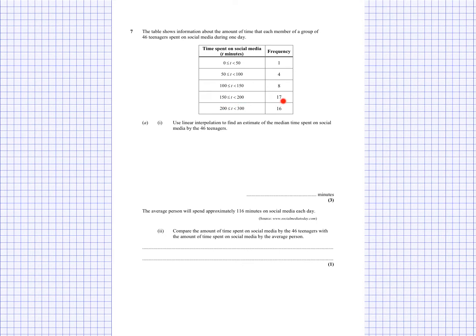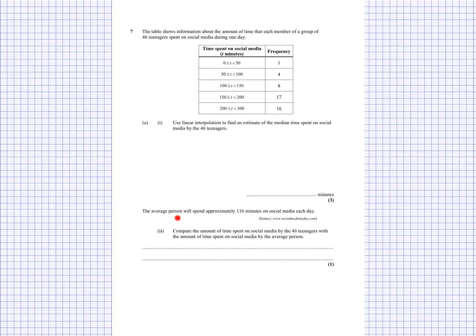So 10 over 17 of this width, and I'm going to add it onto the 150, because remember I was counting from lowest going up. So 10 over 17 of this width will be added to 150 to get this median here.